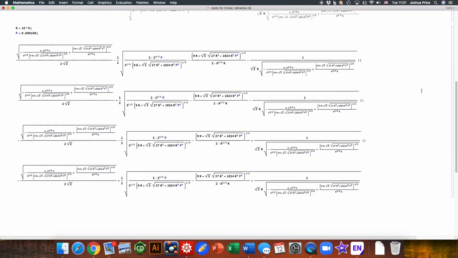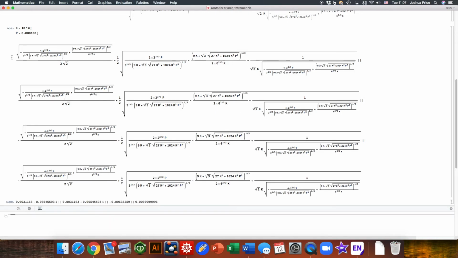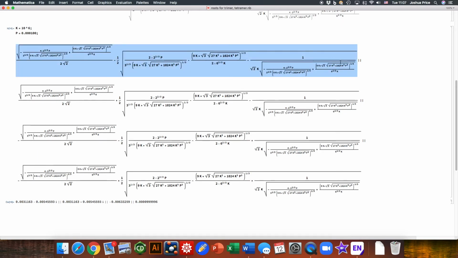And so I now press Shift Return, and it tells me that the first one, at these values of k and p, actually is complex, so I won't use that first root.